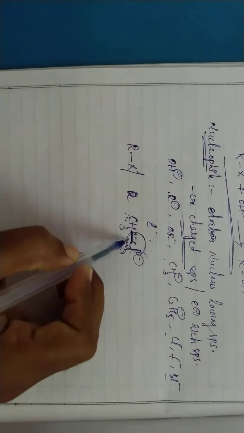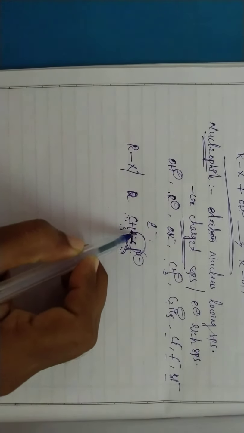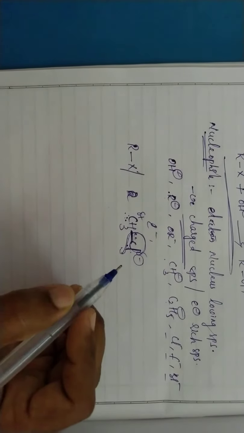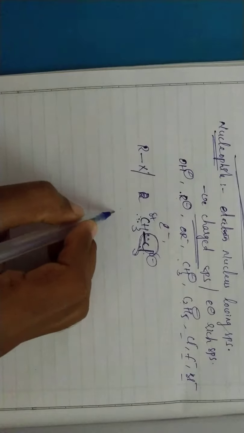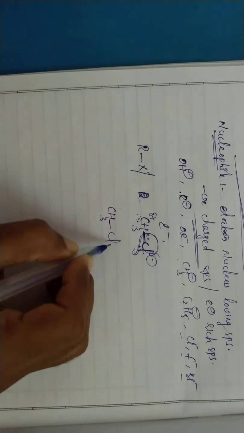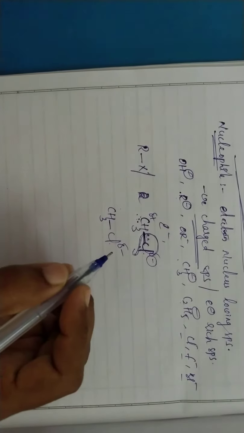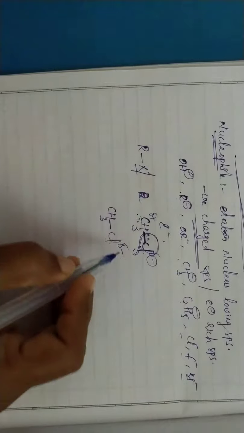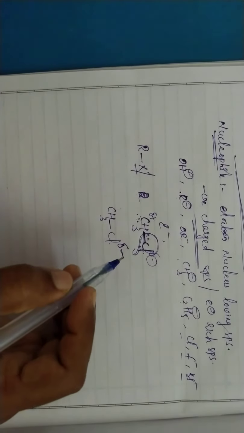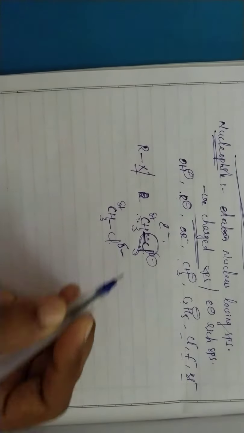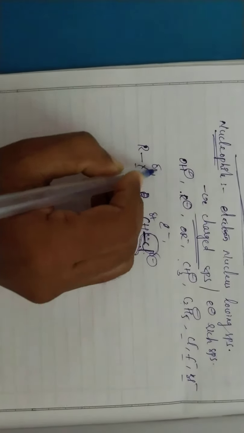Carbon is losing its electron to chlorine, so carbon is getting partial positive charge. That means in methyl chloride or any halogen compound, the halide has partial negative charge, not only chlorine, it may be fluorine, bromine, or X. So halogen has partial negative charge and R has partial positive charge.